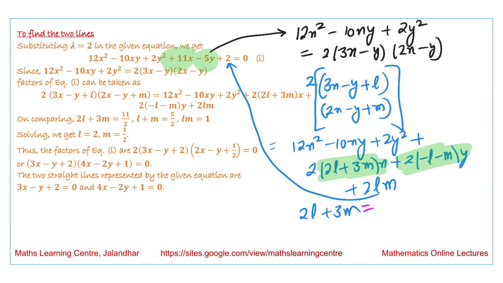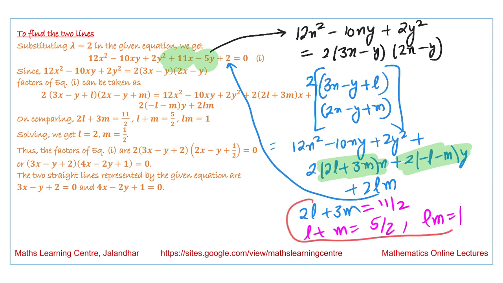So we are writing 2l + 3m = 11/2, l + m = 5/2, and l m = 1. On solving these three equations, we obtain l = 2 and m = 1/2.